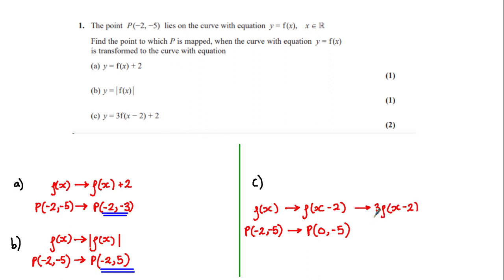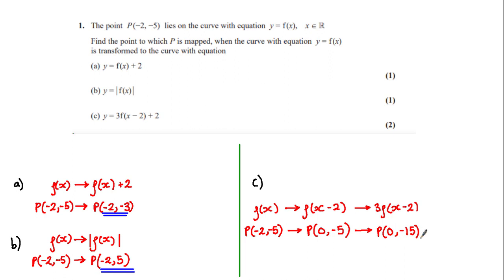So let's apply this transformation first: 3 multiplied by f(x - 2). This is equivalent to a stretch in the y-axis, and it's done by multiplying each y coordinate by 3.